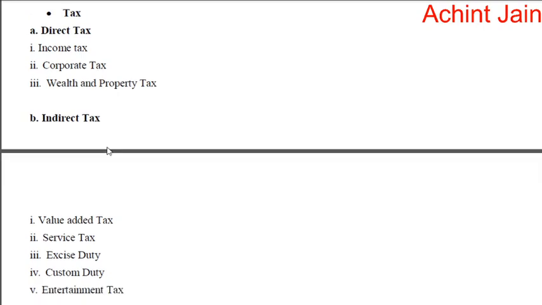For example, value added tax, VAT, entertainment tax, excise tax, etc. Overall, we can say tax is a legally compulsory payment imposed by the government on households and producers.